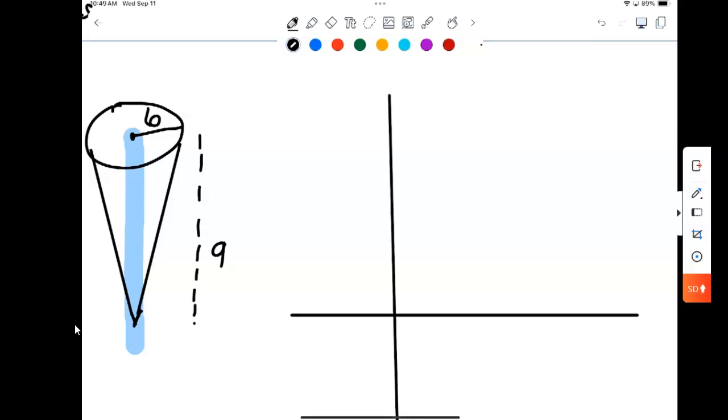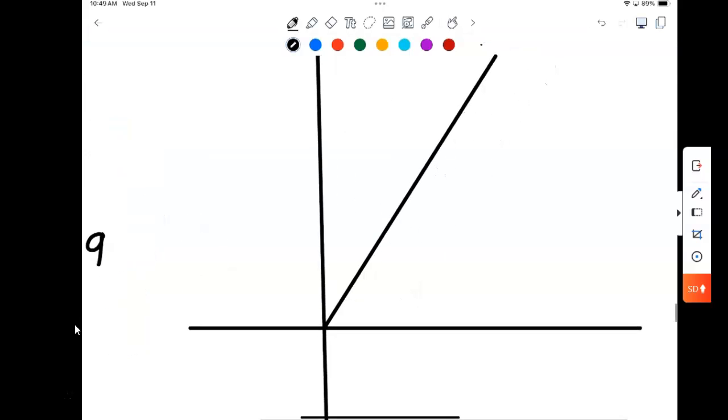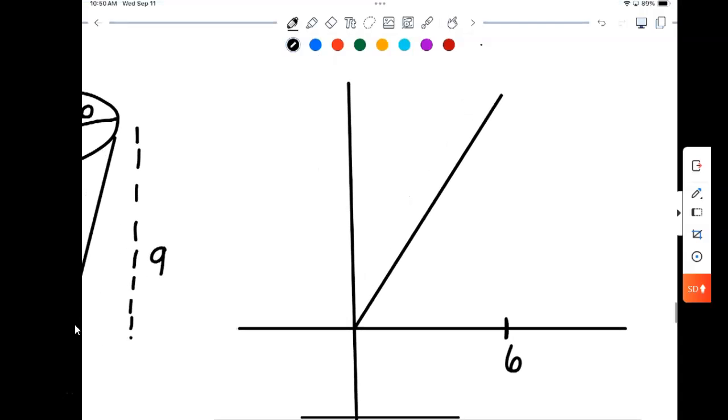At the origin, that's the bottom of the cone, and then it comes out to this point up here, 6, 9. On the x-axis, we're out here at 6, and on the y-axis, we're out here at 9.